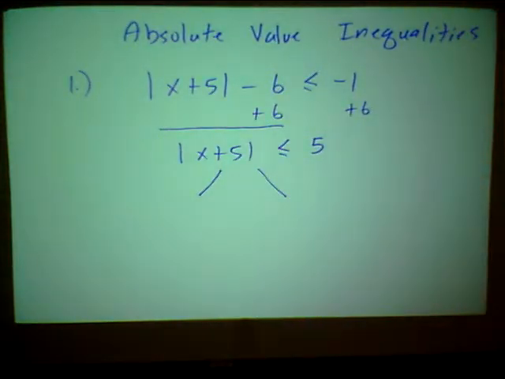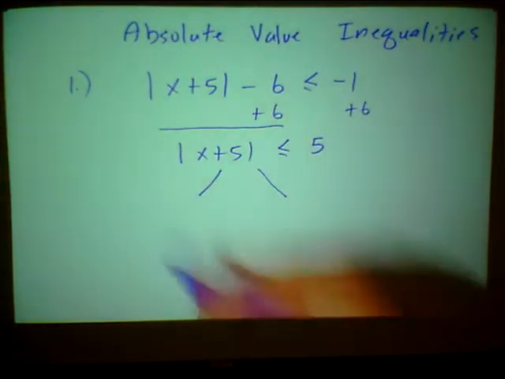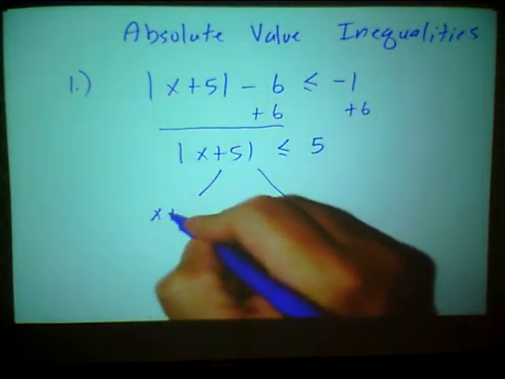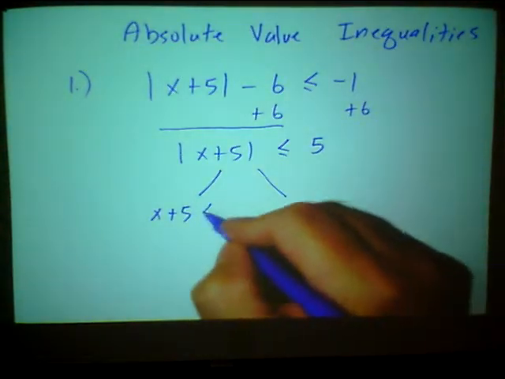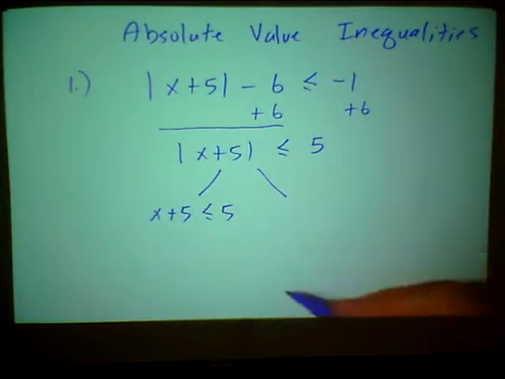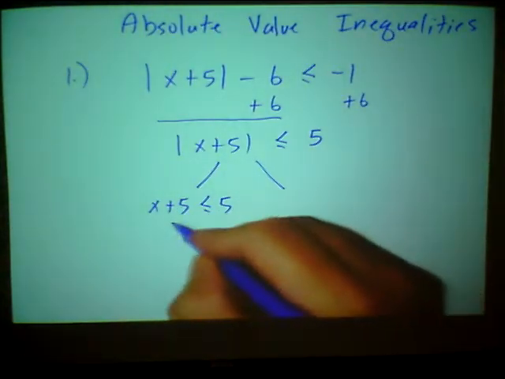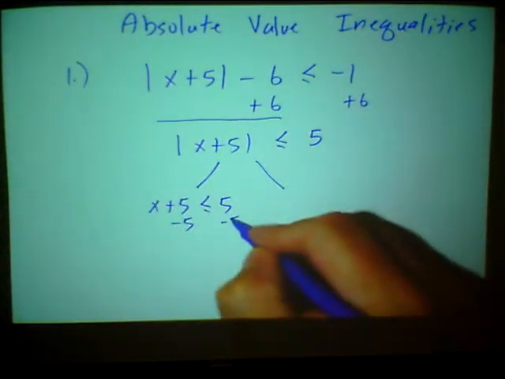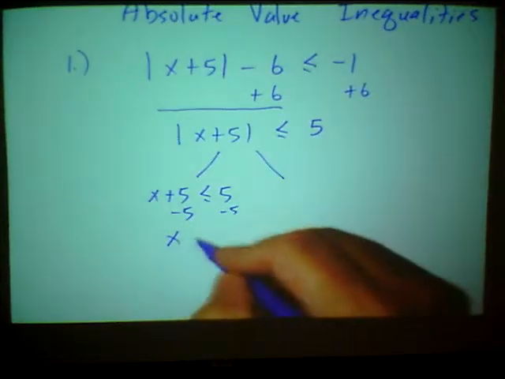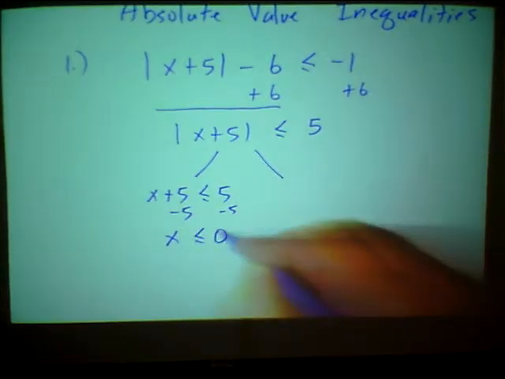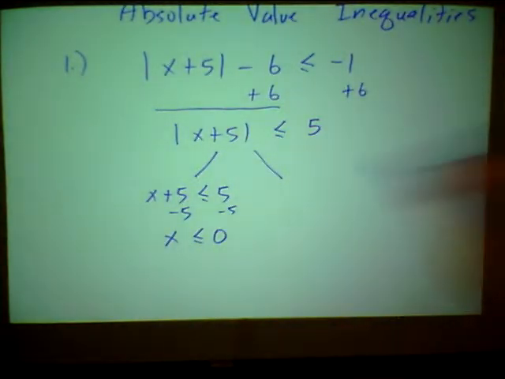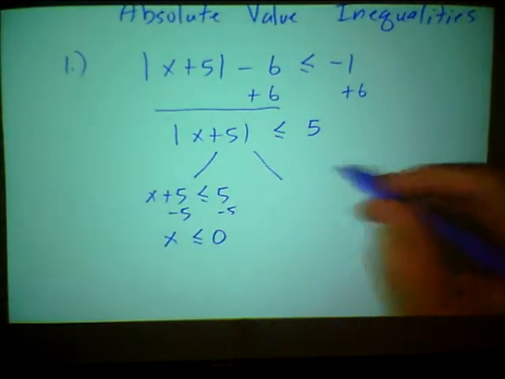so it's going to get broken up into 2 problems. On the left-hand side, we simply drop the absolute value signs, and we solve this equation. If I subtract 5 from both sides, I end up with x less than or equal to 0. Now the second problem, this is a little more complicated.